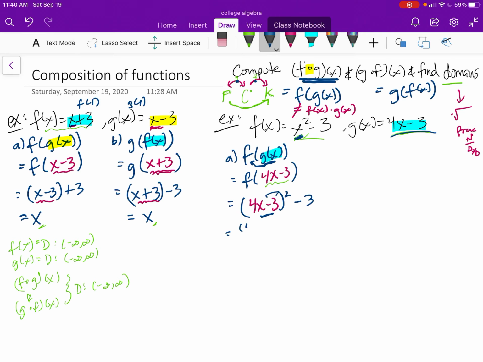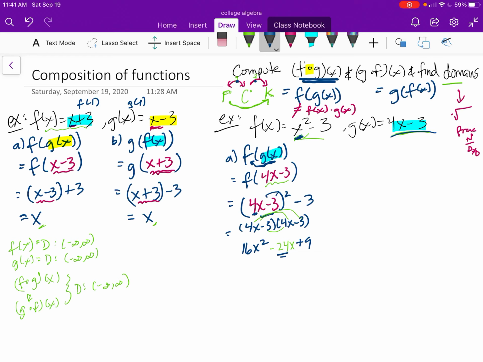You've got to either write it out or know the formula that you do. 4x squared is 16x squared. And you could kind of see this here, 16x squared. And then we'd have minus 12x and another minus 12x, so that's negative 24x. And then negative 3 squared is a positive 9.